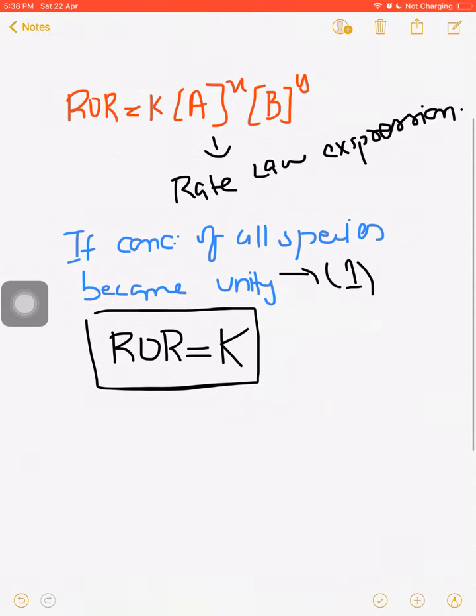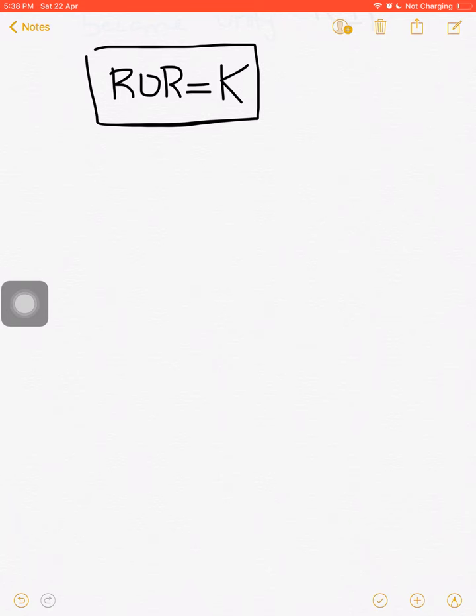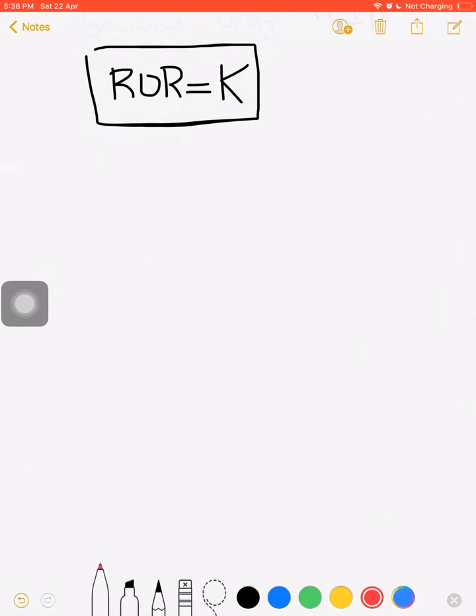Now let's discuss the unit of k, but in a general formula. What will be the general formula for that? Basically, the unit of k depends upon the order of reaction, right?